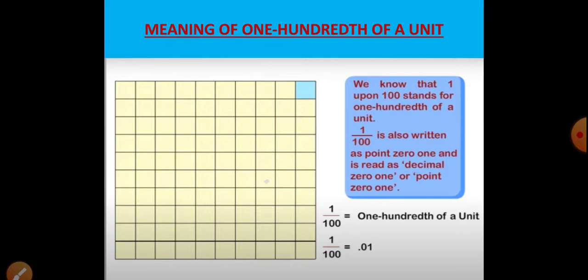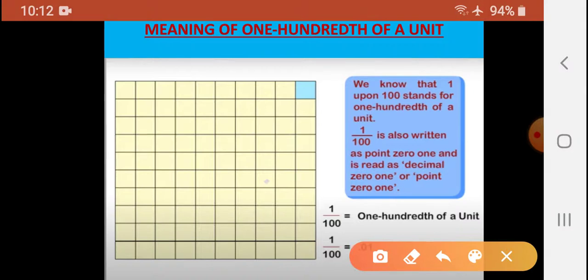Meaning of 1/100th of a unit. We know that 1/100 stands for one hundredth of a unit. In other words, a figure is divided into 100 equal parts and one part is taken.